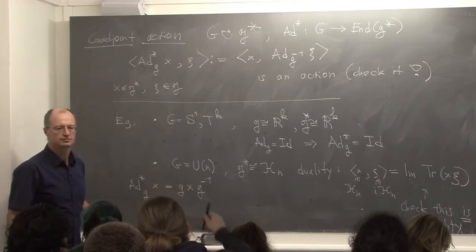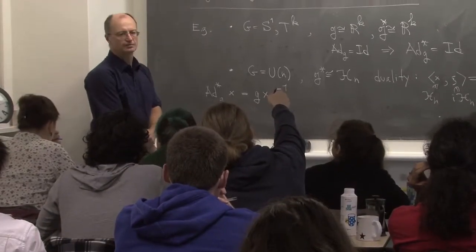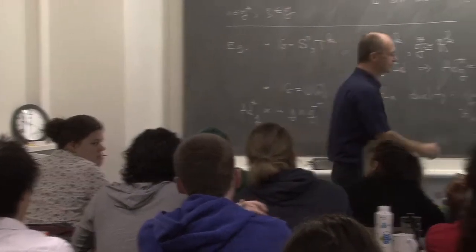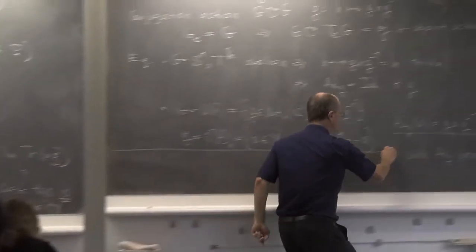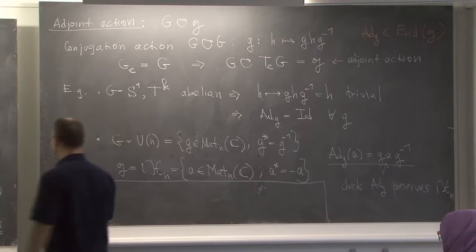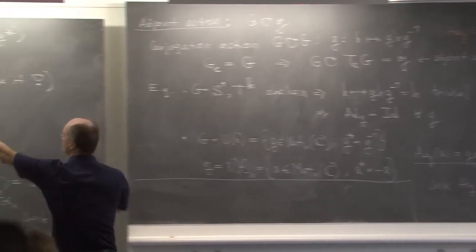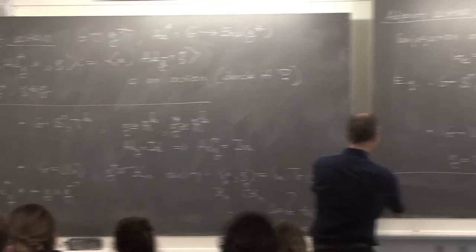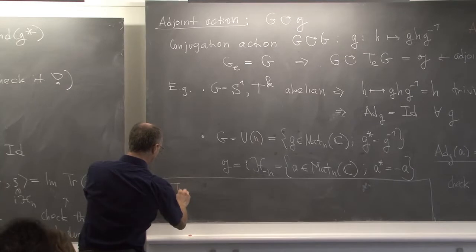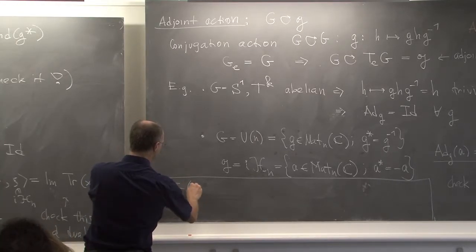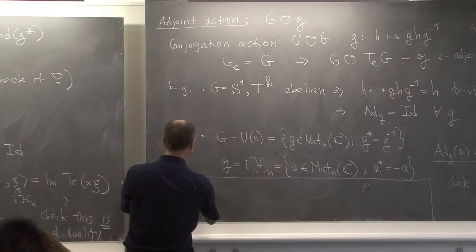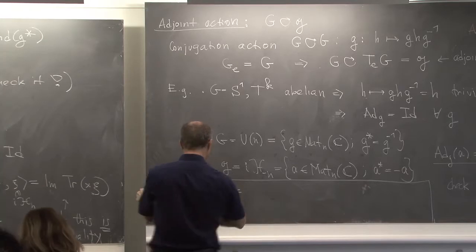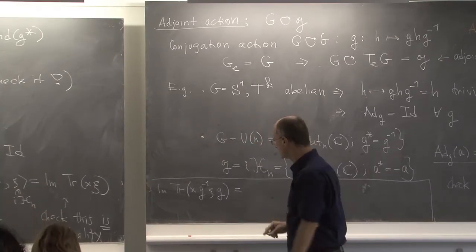I'm just worried that in the definition of coadjoint, I translated g first there. Yeah. So let's write one line and see how it actually works. So let's start from the right-hand side. So the right-hand side now is imaginary part of trace x, and here adjoint g minus 1. So this is g minus 1 psi g, right? Now watch my hands.